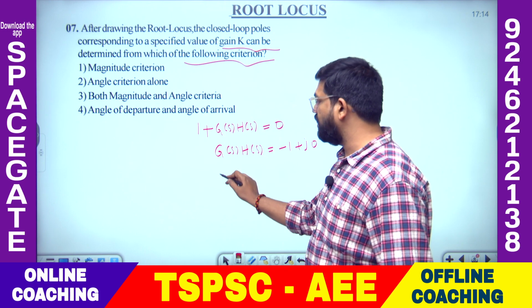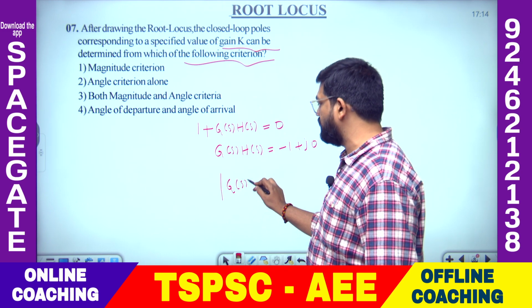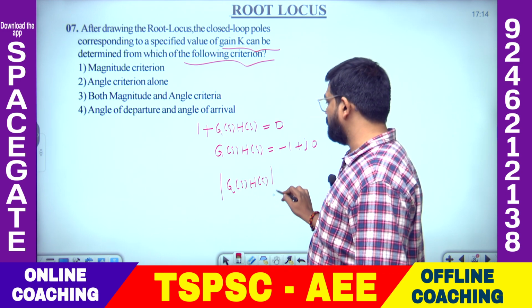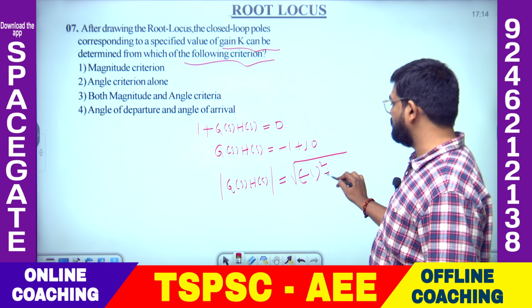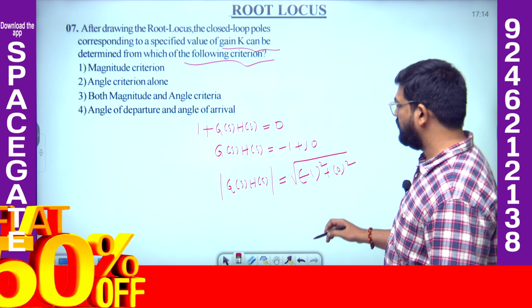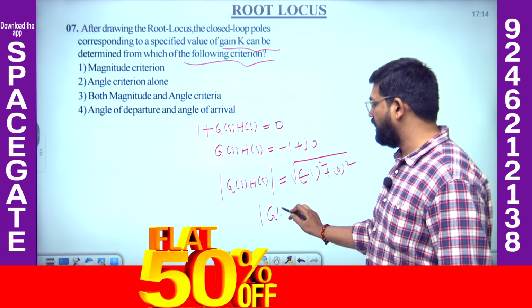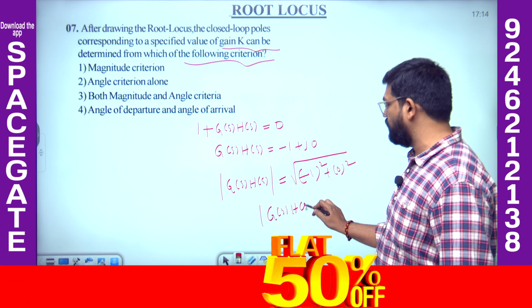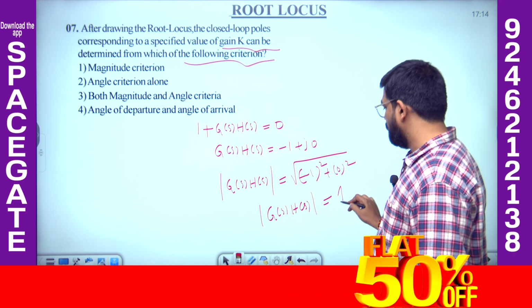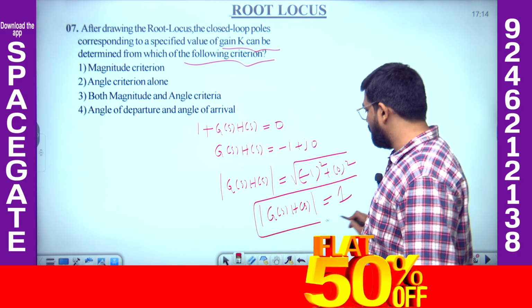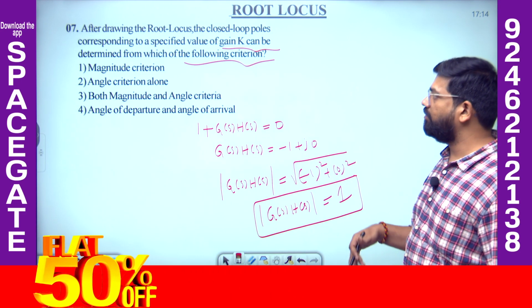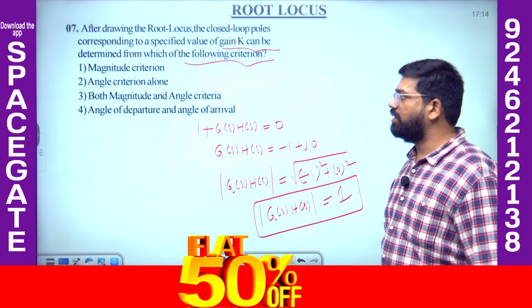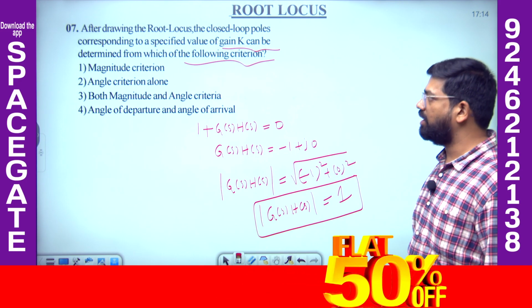If I write the magnitude condition, the magnitude is the square root of real part squared plus imaginary part squared, which at a particular point is equal to 1. Magnitude condition is valid only when we check the phase angle condition, right or not.